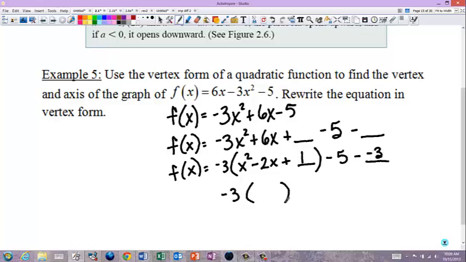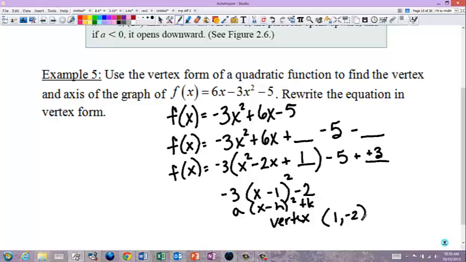I factor this into x minus 1 squared, and then plus negative 5 plus 3 is negative 2. So my vertex, it's a(x minus h) squared plus k, is 1, negative 2, and my axis of symmetry is just x equals this first number in my point, x equals 1.